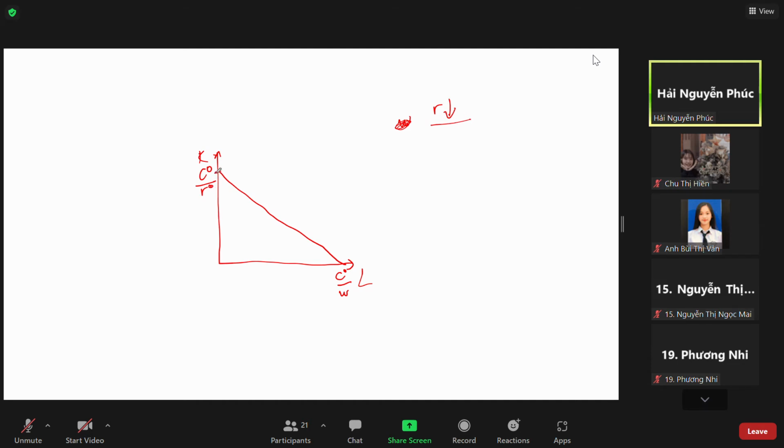The intercept of the isocost line with the vertical axis will change. This point is the new intercept. It is C0 divided by R1, because R1 is going to be smaller than the initial R0. So the isocost line will rotate clockwise in this situation.